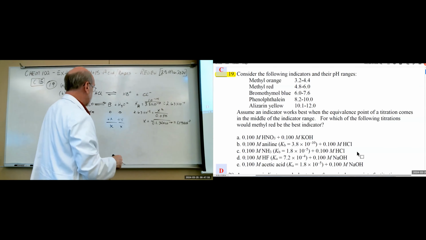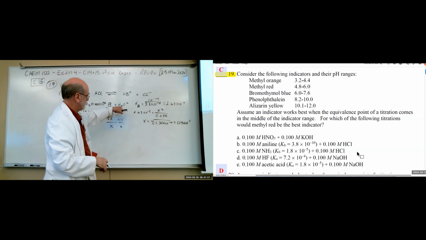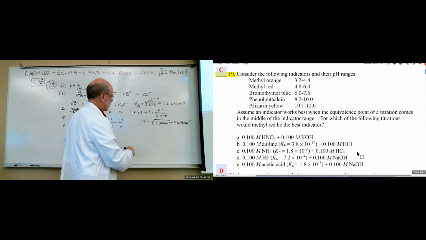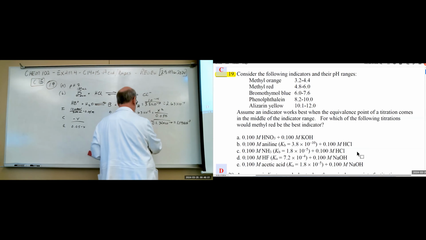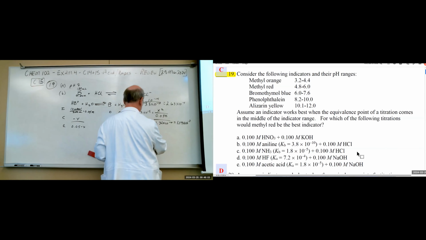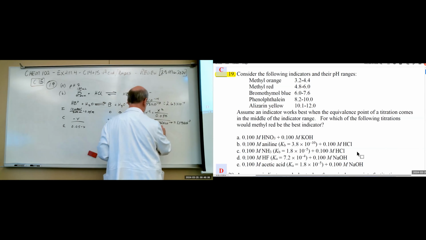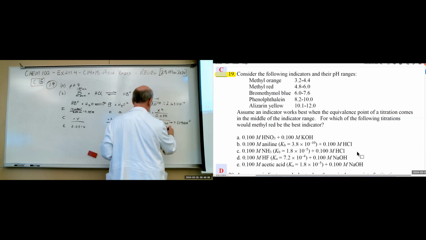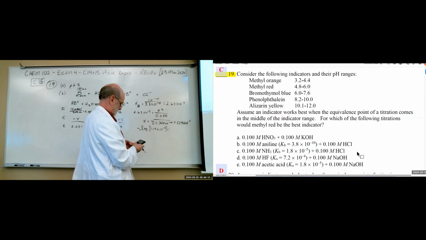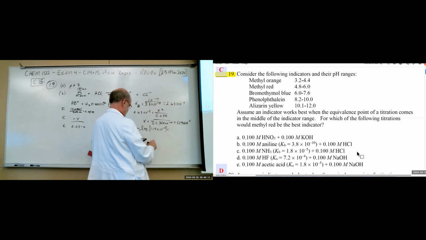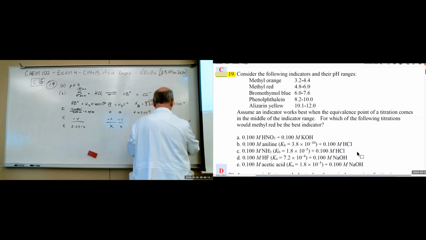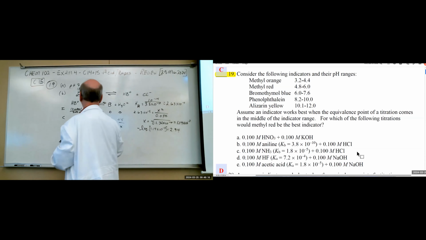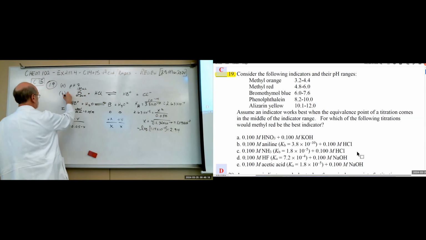But we need to know the pH. X is the hydronium ion concentration. So we need the negative log of 1.14 times 10 to the minus 3, which is 2.94. 2.94 pH for this one.